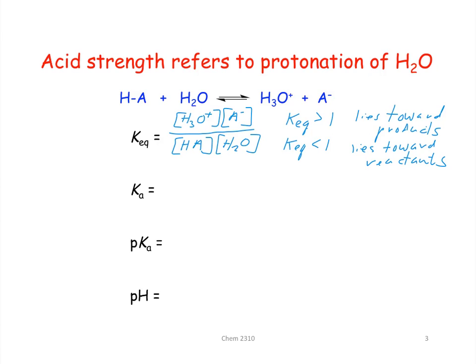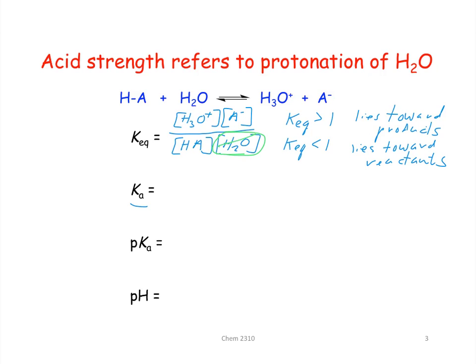All right? We have a specific equilibrium constant that we use for acid-base reactions, and this is the acid dissociation constant. We call it Ka. The only difference from what we've done before is that because water is a pure liquid, we're going to leave that out.